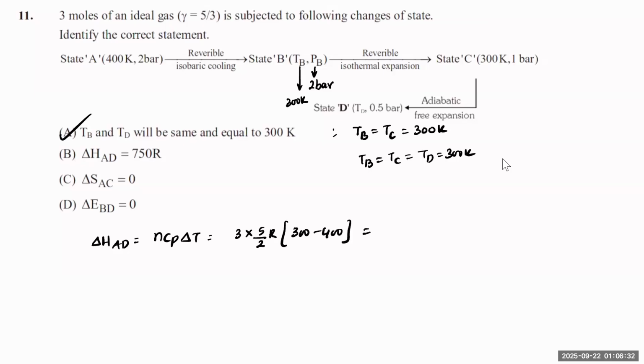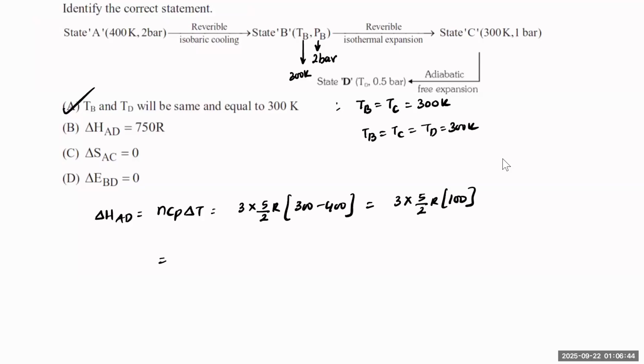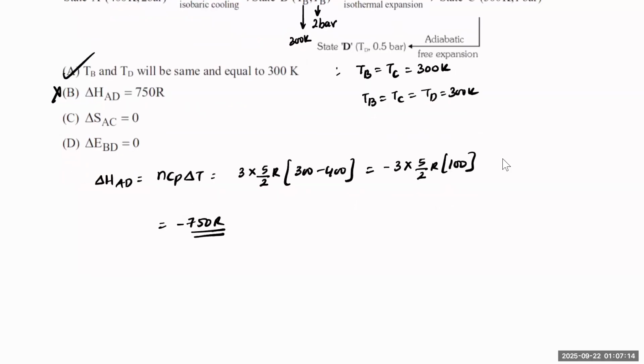So that is equal to 3 times 5 by 2 R into 100. Clear? So this is coming out to be 750 R. Sorry, minus with minus value, so this will be minus 750 R. Done? So this is coming out to be wrong. Why? Because it should be minus, it is given as plus.